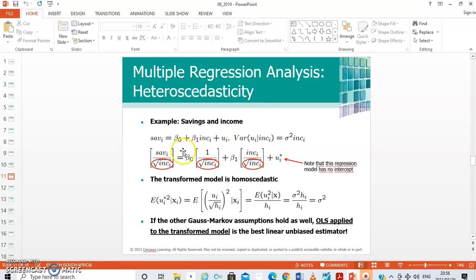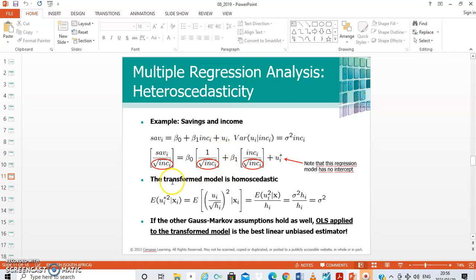Here you remain with savings over the square root of income equal to beta naught times 1 over the square root of income plus beta 1 times the square root of income. You should also take note that this model will no longer have an intercept. It becomes an interceptless model.